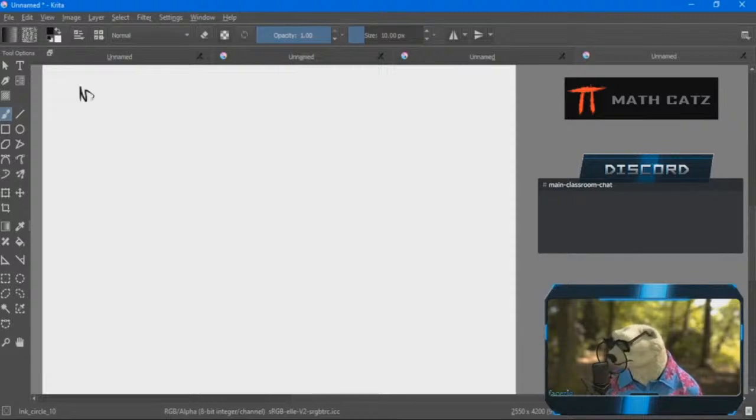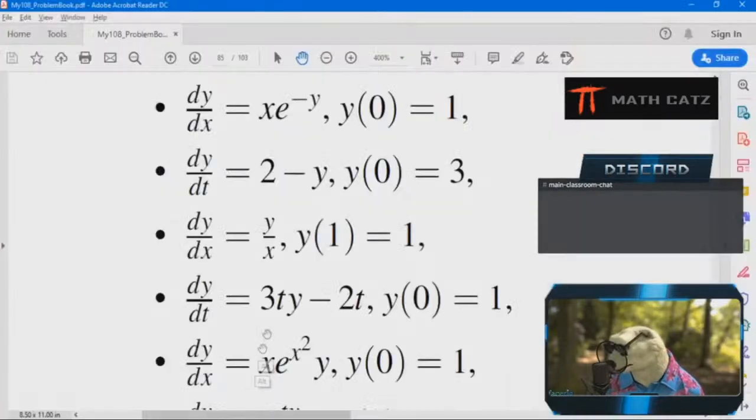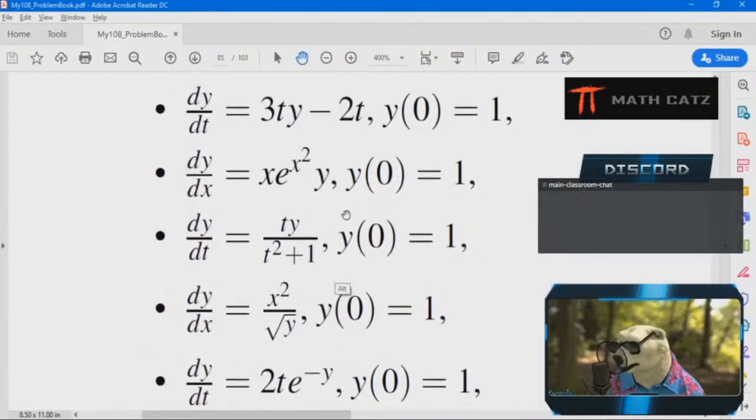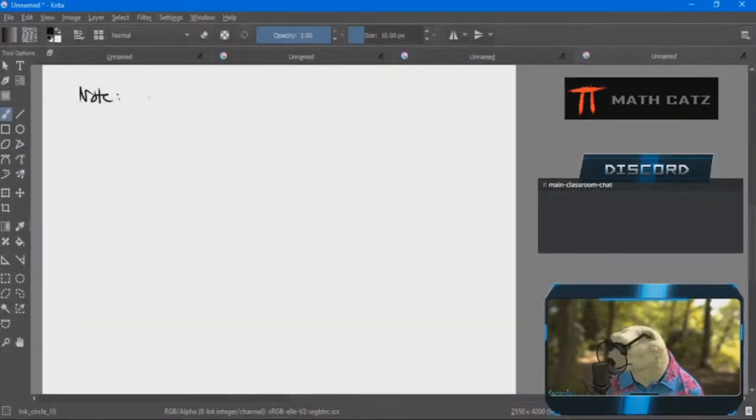Let's just make this observation. If I now happen to come across a simple one, actually I don't think there is a simple one without y's anywhere, no. If I happen to have dy/dx equals 4x to the 7, I don't need to think of these differential equations as different.